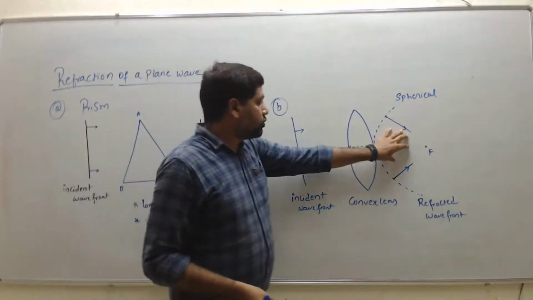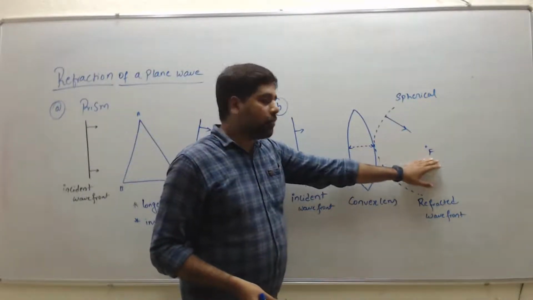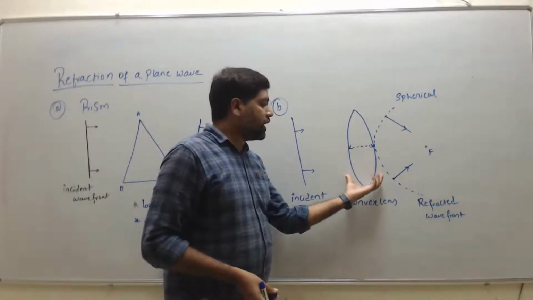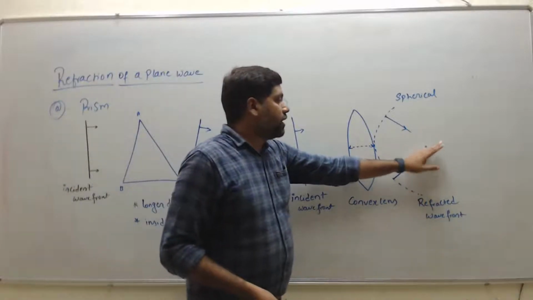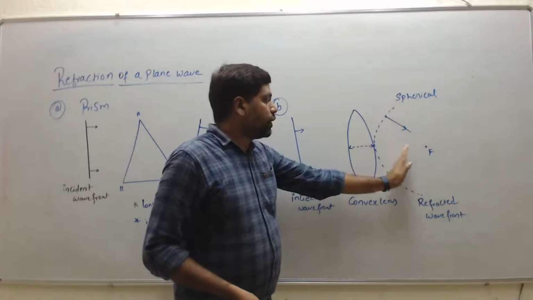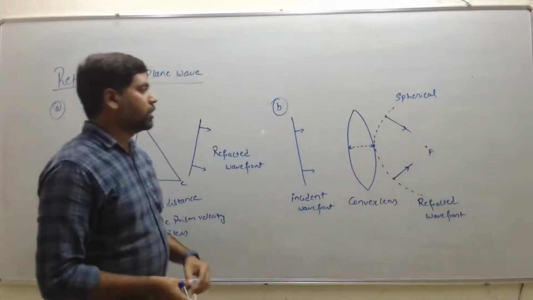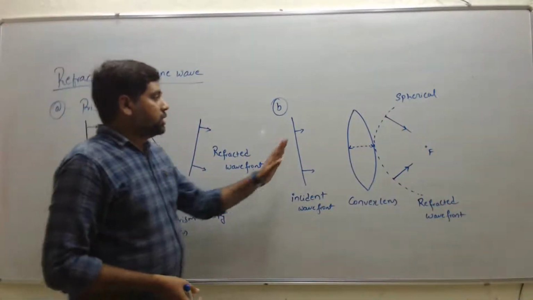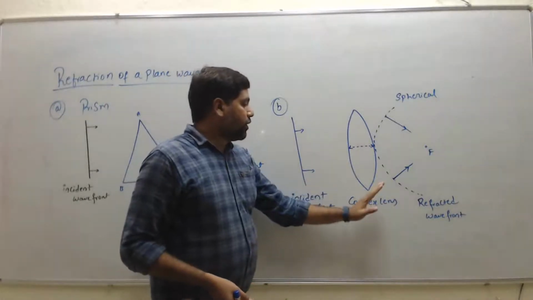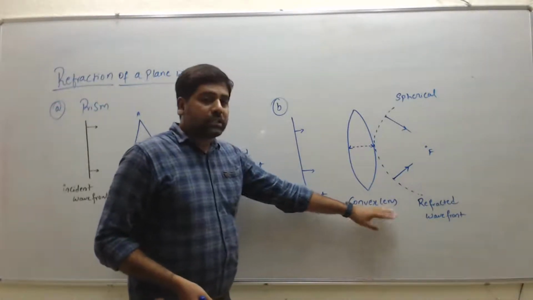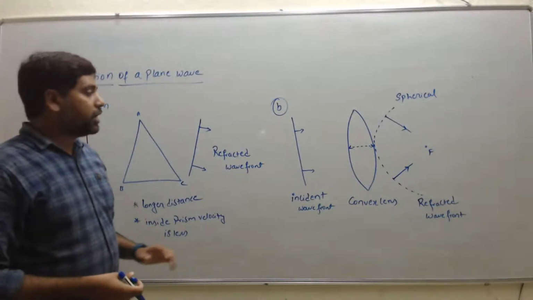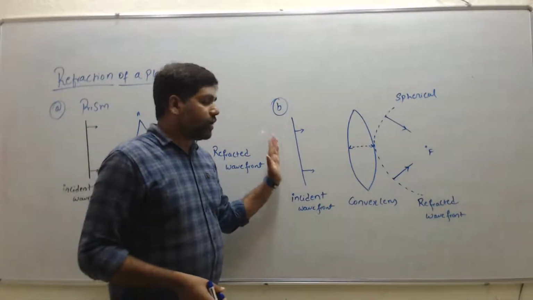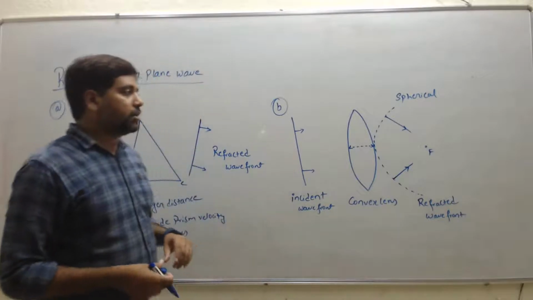So these converge at the point F. The radius of the sphere, with center at the point F, is f. So this is about the refracted wavefront in the case of the convex lens. In the case of a convex lens, we get a spherical wavefront when the incident wavefront is a plane wavefront.